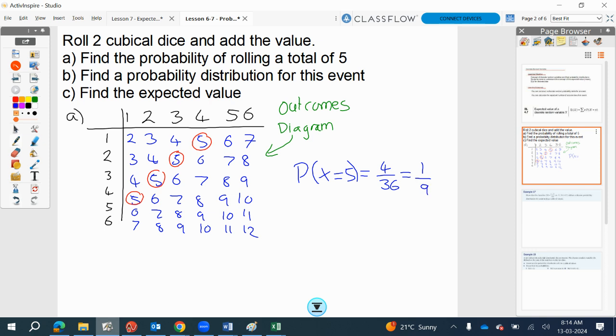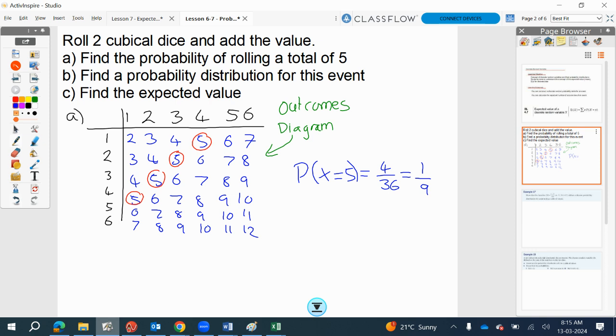What is the discrete random variable x? Discuss with the person next to you. What is the discrete random variable x?